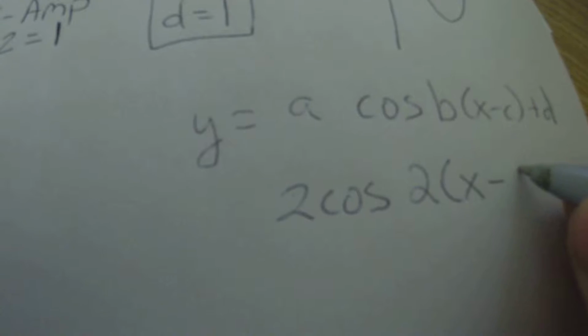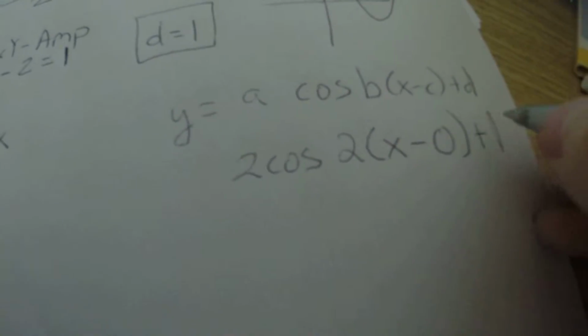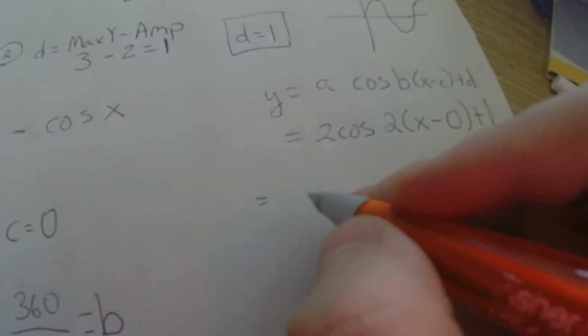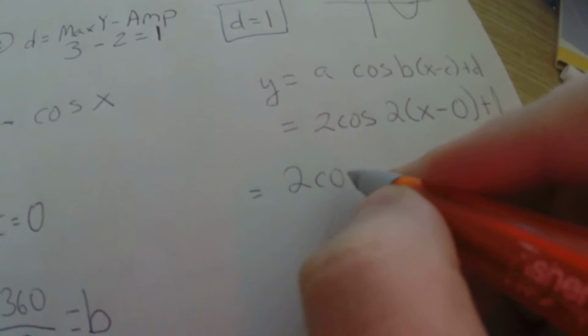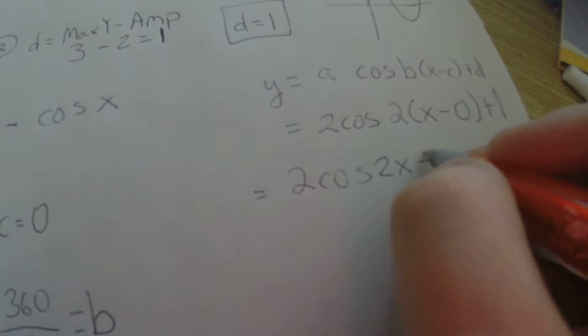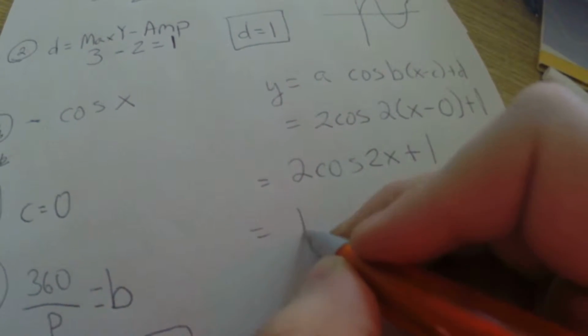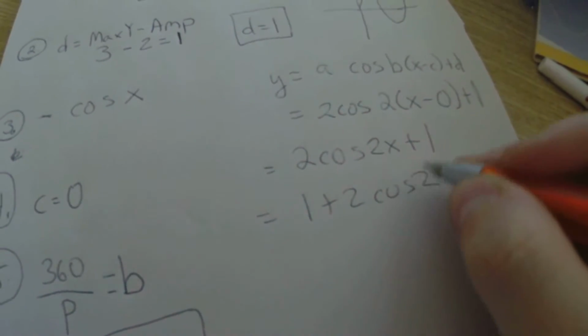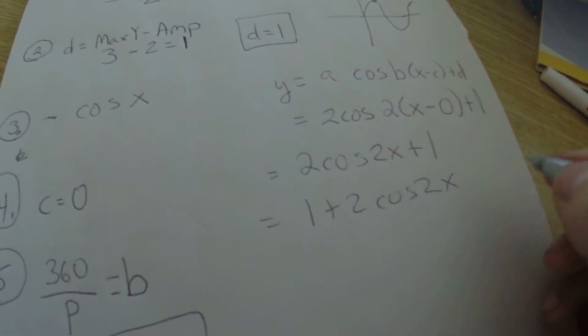X minus c. Note I started at the y-axis, so it's 0 plus d, and d is 1. So this becomes 2 cosine 2x plus 1. Which if I wanted to, I could write as 1 plus 2 cosine 2x. Order of the 1 can be in the back or the front, doesn't matter.